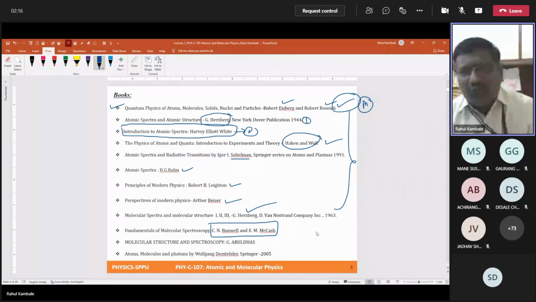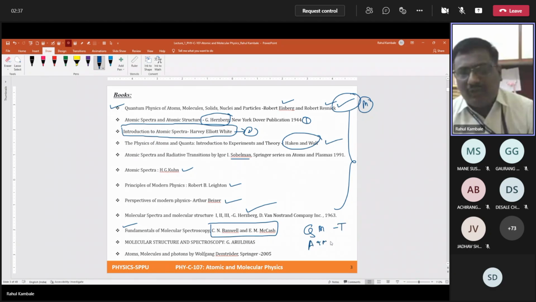Now we have made it a separate course, because students should get complete insight into atomic and molecular physics along with spectroscopy, because spectroscopy is the application of atomic physics.